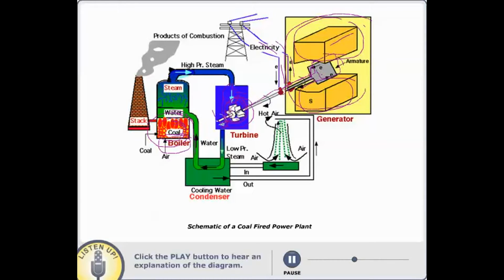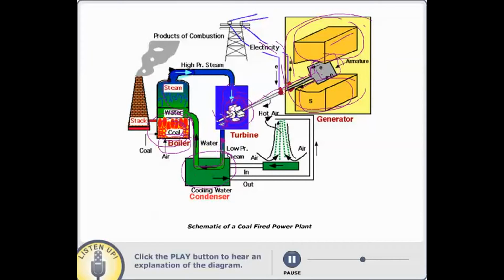That steam is sent to a condenser. This is the condenser, which has cold water on the outside. When the steam goes through this cold water, it turns into water, or condenses. That is the reason we call it a condenser. And this low pressure steam that is condensed into water is put back into the boiler, which again turns it into steam.